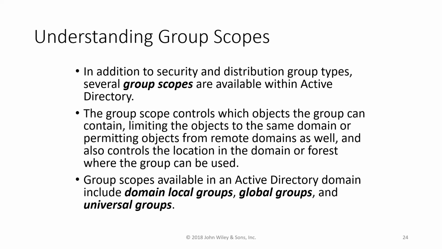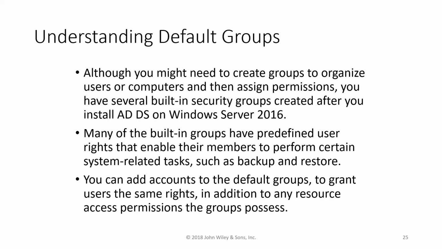When you add a group to another group, it becomes a nested group. But you can't just add any group type to another group. The groups you can use are domain local groups, global groups, and universal groups.